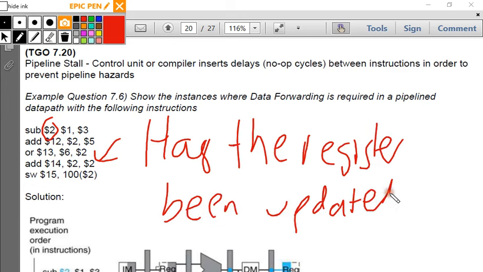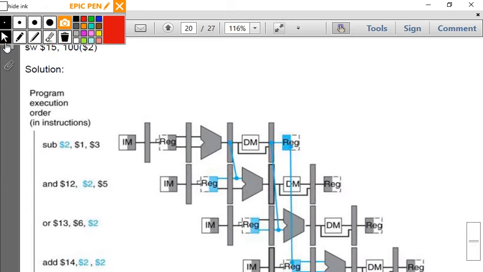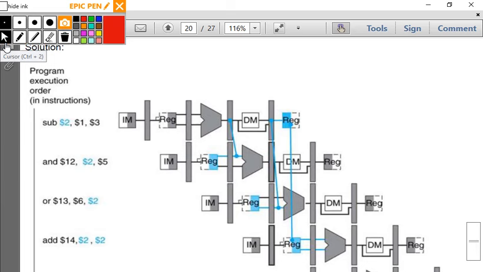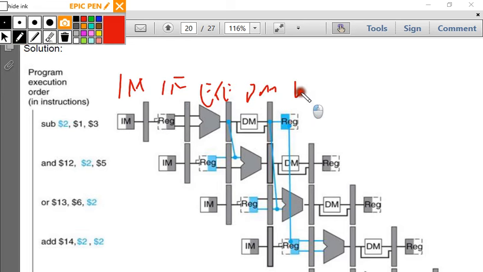All right, well, let's check and see. All right, so here we have, this value's been here, and so subtract 2. And by the way, you don't need to do all of this drawing on an exam. It's sufficient to just go IM, IF, EXE, DM, and write back.